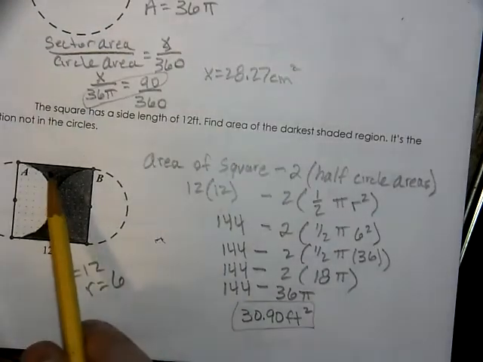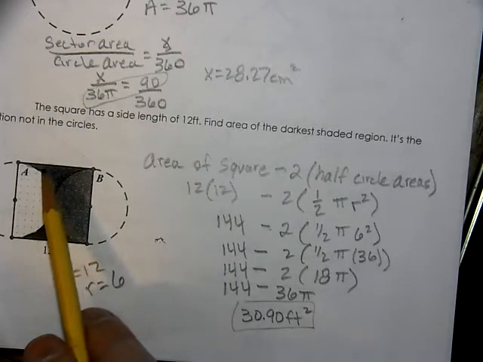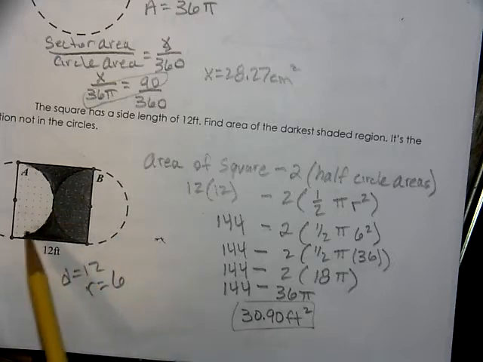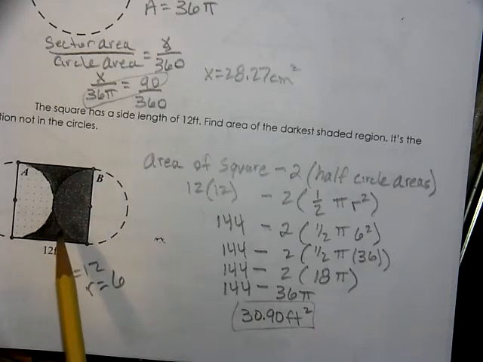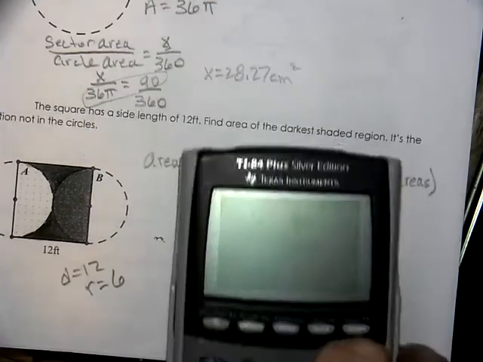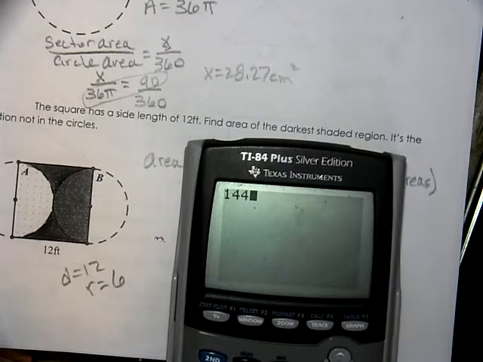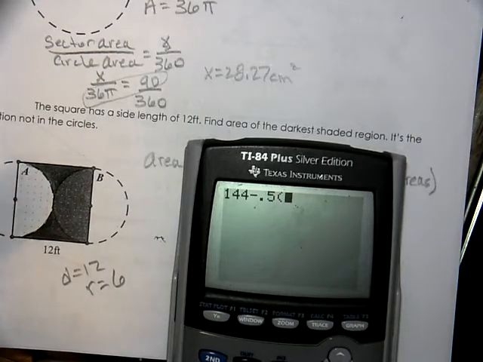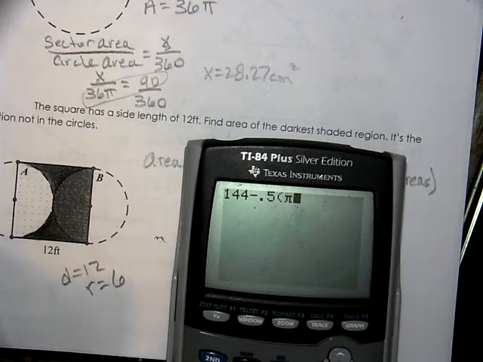If we were going to find just all the dark area, if that's the portion that you thought you were supposed to find, because that's the way the picture looks, then you would take your 144, which is your whole square, and you would minus half of a circle, half of the pi times 36.